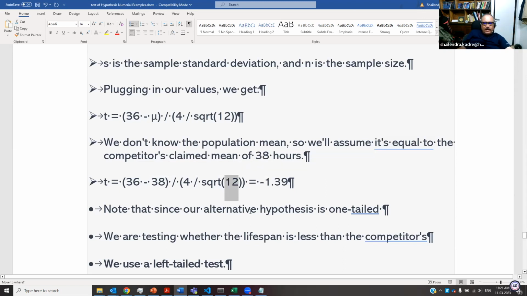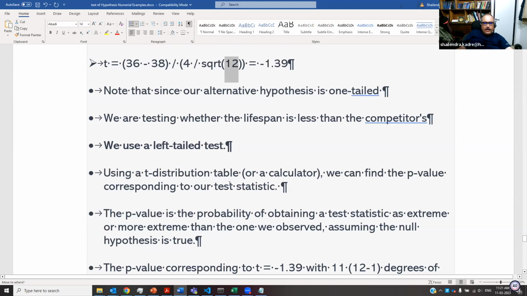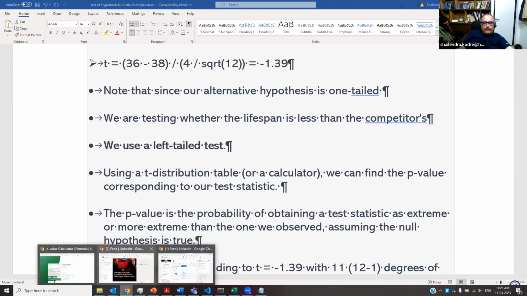So this is a left tail test. If we use a calculator, we got this t value, minus 1.39. We have to use the same table.